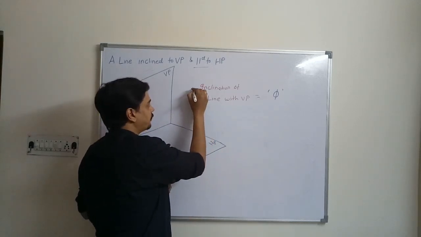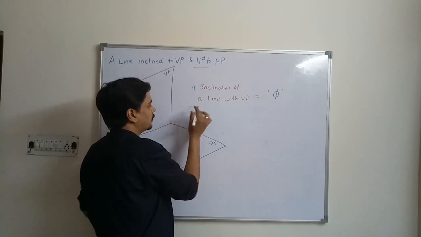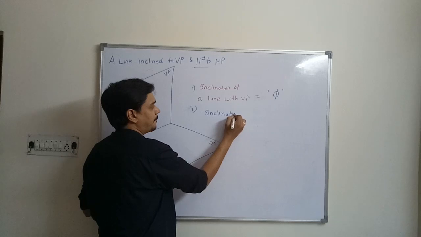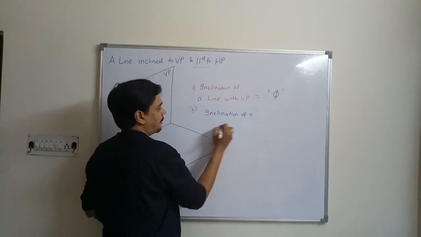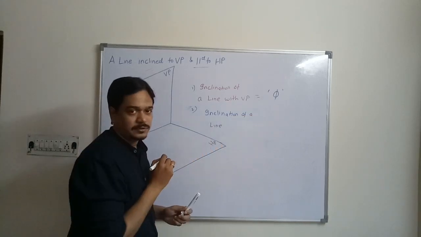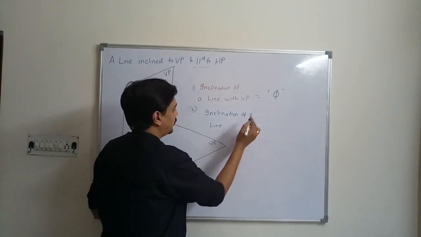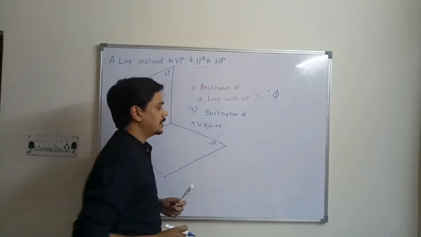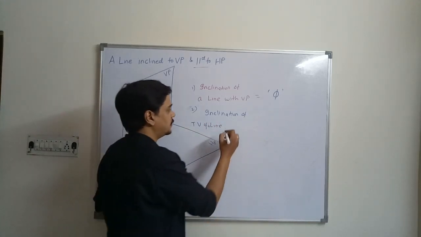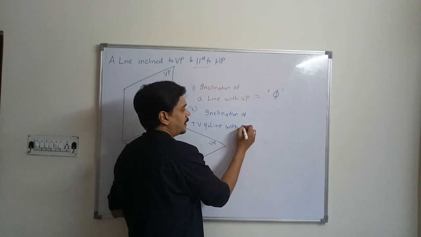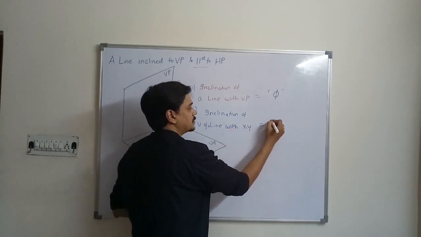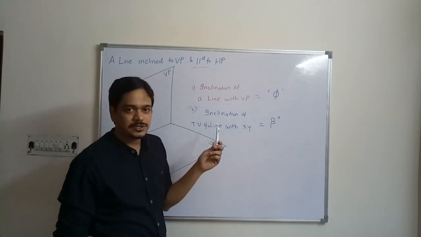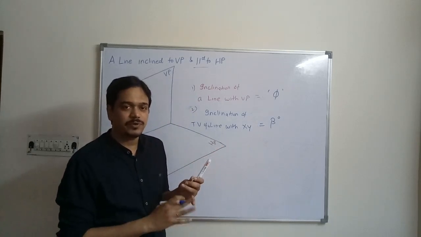And second thing, inclination of the top view of a line with XY is called beta, whereas in the earlier case it was alpha, the inclination of front view with XY.